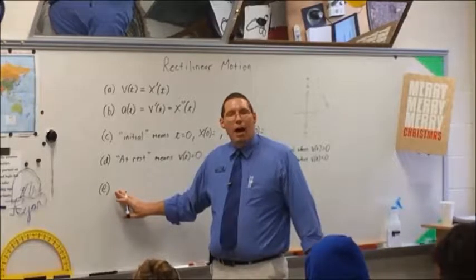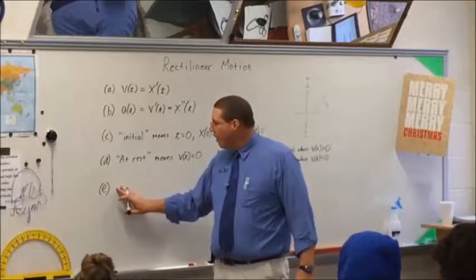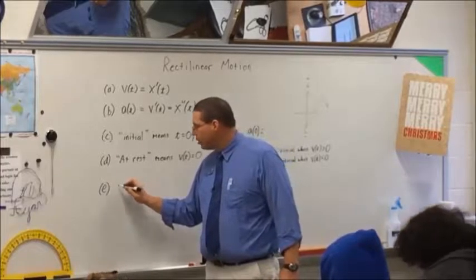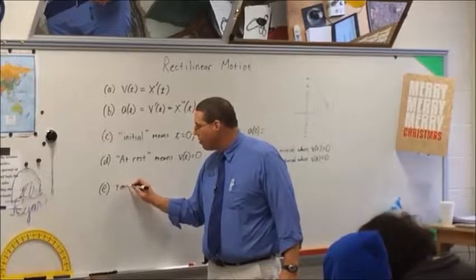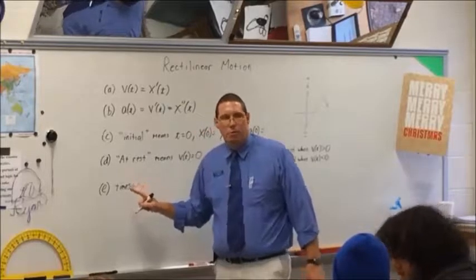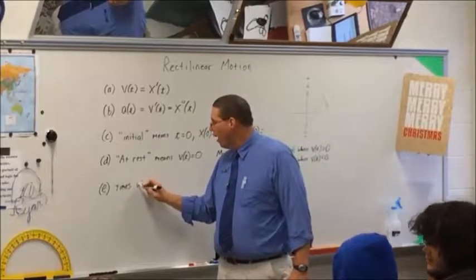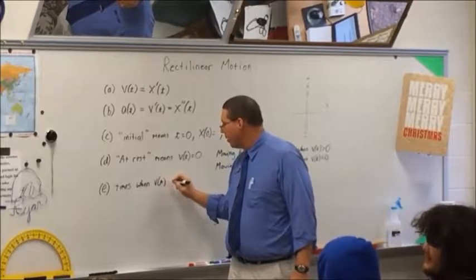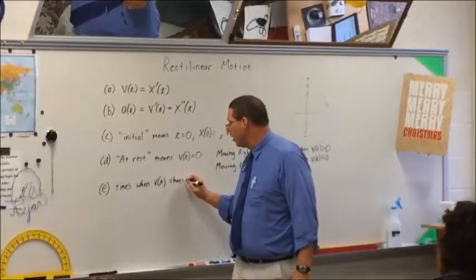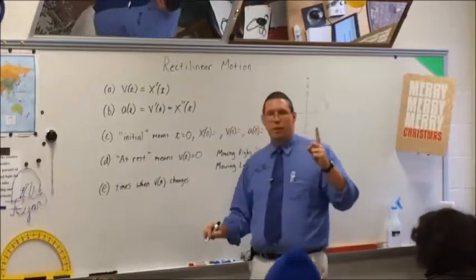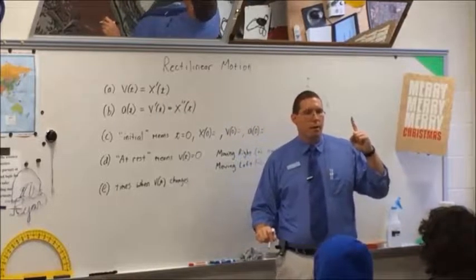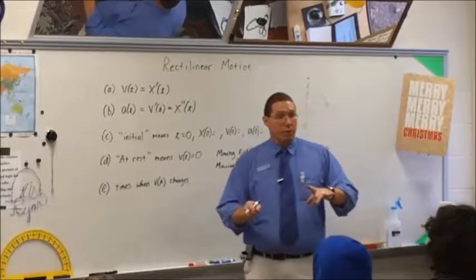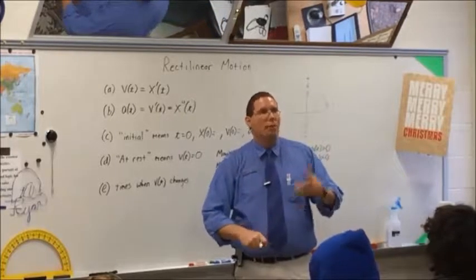So we can identify at what times the object changes direction. They are t values, times when v of t, the velocity, changes sign.